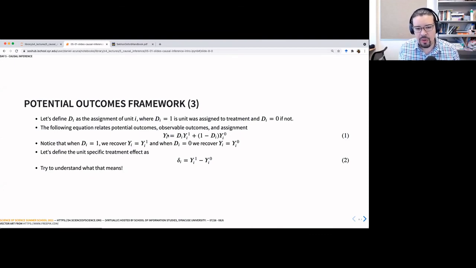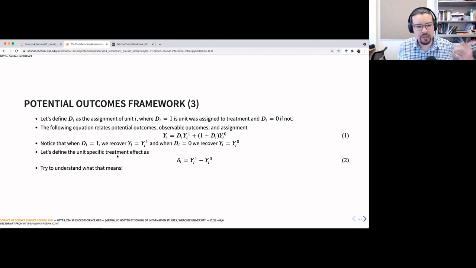Okay, so now we can relate the actual observation of the world, like the actual number of years of the patient, Y_i, with this little equation here, which is basically saying if the doctor decided that the patient should get operated, then we will observe the potential outcome 1. If not, we will observe the potential outcome 0. Okay, and we cannot observe both.